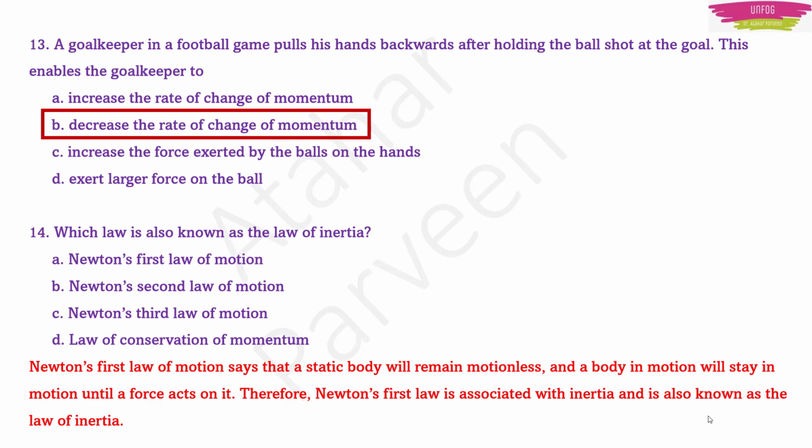It will remain motionless, and a body in motion will stay in motion as it is, until a force acts on it. Therefore, Newton's first law is associated with inertia and is also known as the law of inertia. So, the answer to this question is Newton's first law of motion.